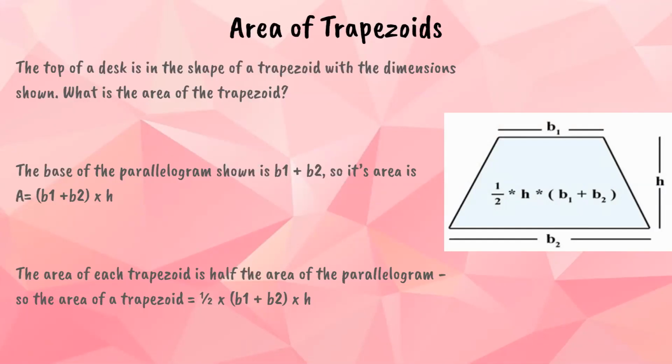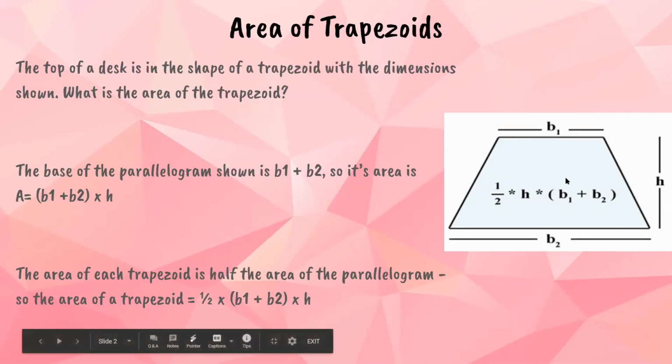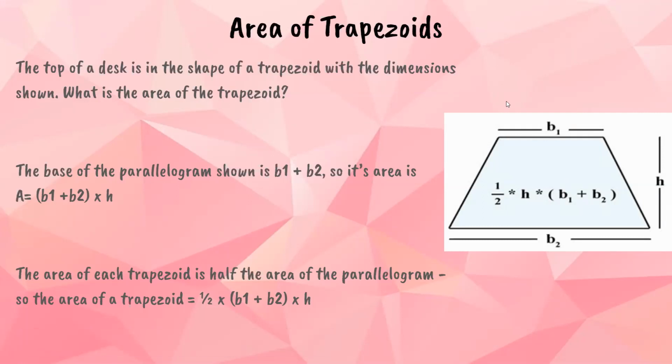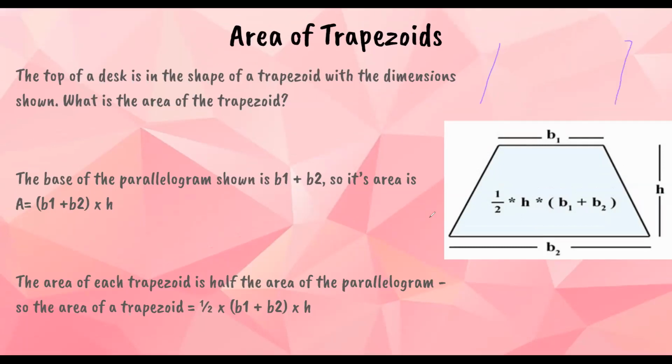What you're looking at on the screen is just a trapezoid, but the parallelogram, the shape that looked similar to this, if I were to break it in half, it creates a trapezoid.